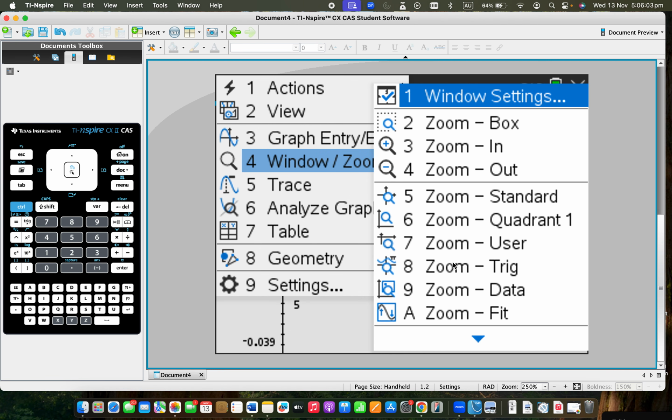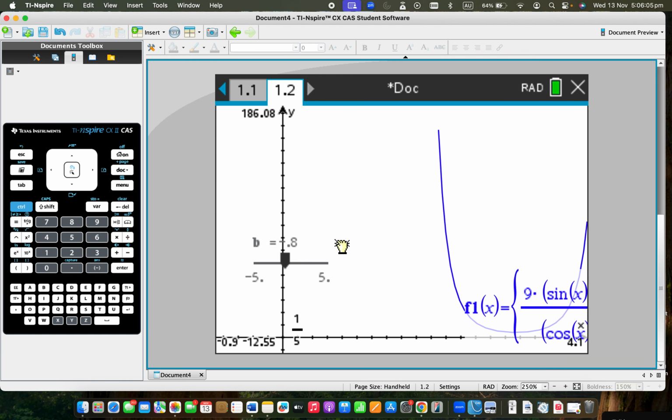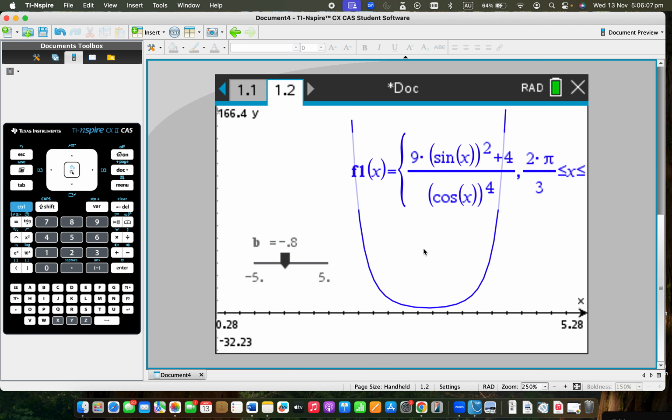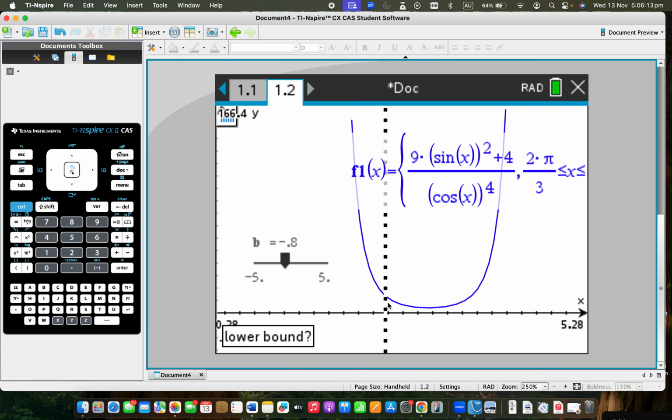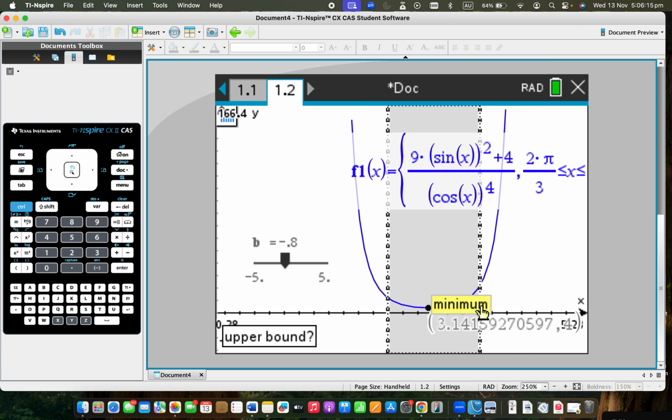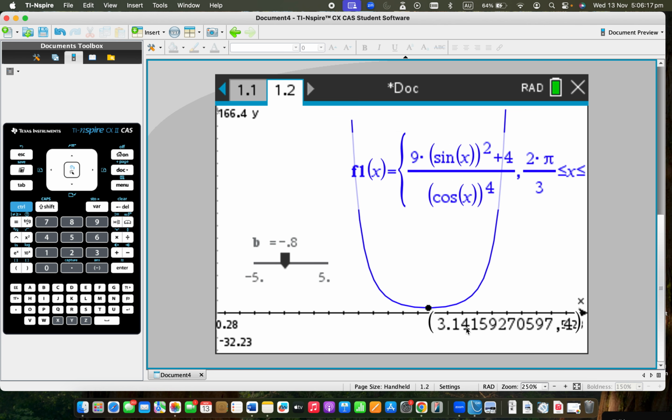And the minimum speed occurs, it seems like it's just when it's pi. And that makes sense, because that's when cos is a maximum.